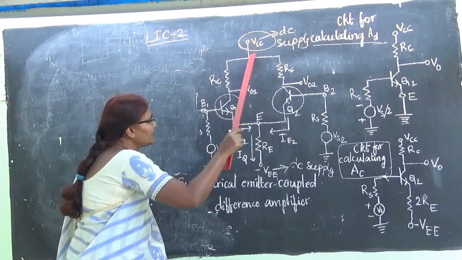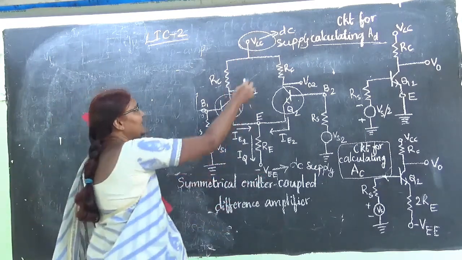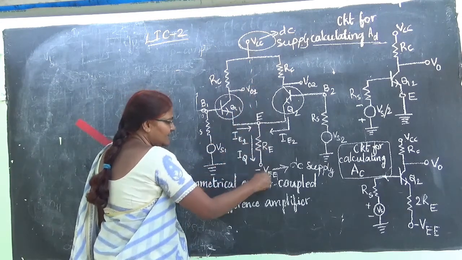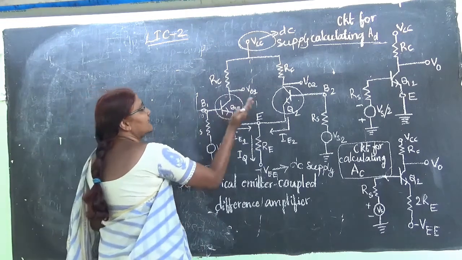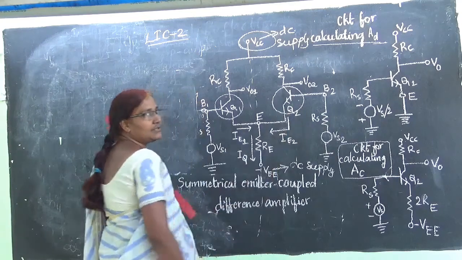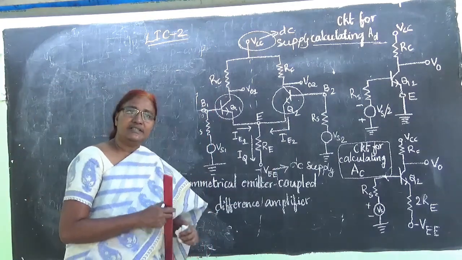And this circuit shows a symmetry. If you draw an imaginary line from VCC to VEE, then this side circuit will be the same as this side circuit. So this is called symmetry, and we can observe symmetries in nature.